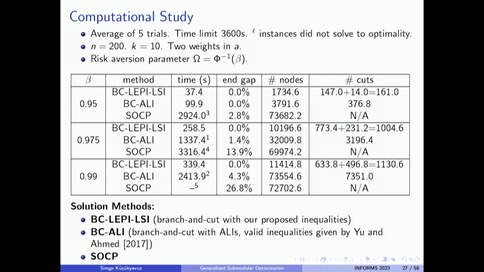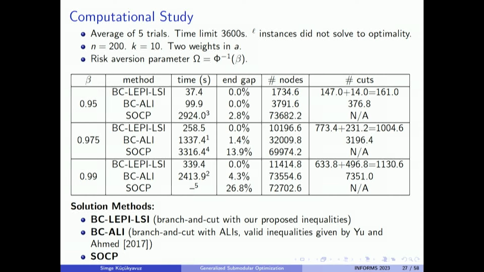And it explores many nodes, 70,000 nodes. As you go down, the complexity of the problem increases, and if you want to have high probability, high risk aversion, let's say, then none of these problems can be solved to optimality. Very large optimality gaps, 26.8%, lots of nodes explored.